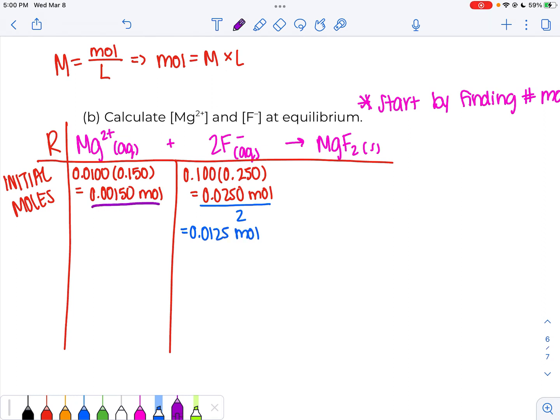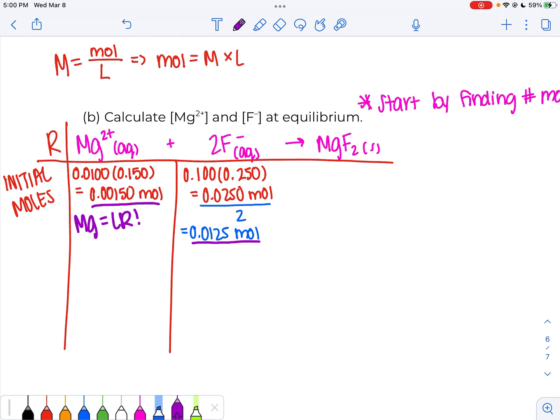And comparing how much magnesium I have versus how much fluoride I have, I clearly am going to run out of magnesium first. That thing is smaller. So that means that magnesium is our limiting reactant, which is good news for us because when this produces the solid precipitate, all of the magnesium is going to go into making the solid and we'll be left over with no moles at the end.